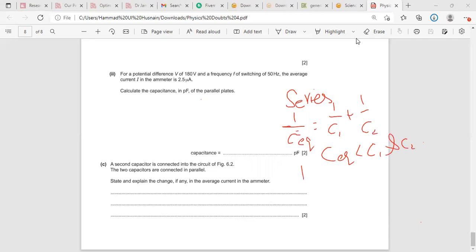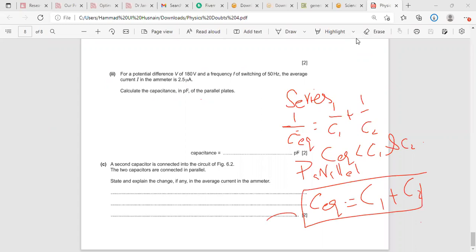But in case of parallel combination, C equivalent is given by C1 plus C2. So it means that in this case C equivalent will be more as compared to C1, the initial capacitance we had.